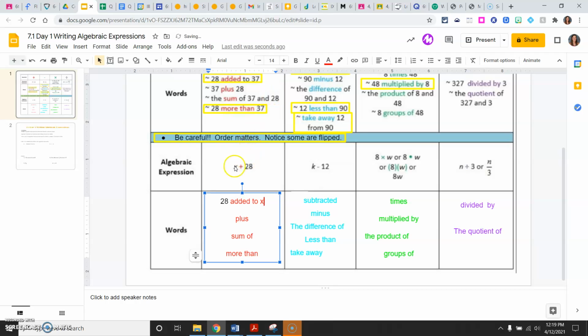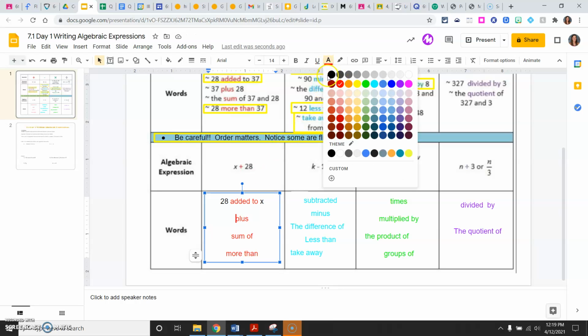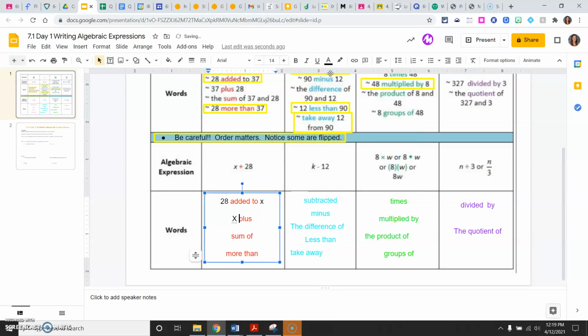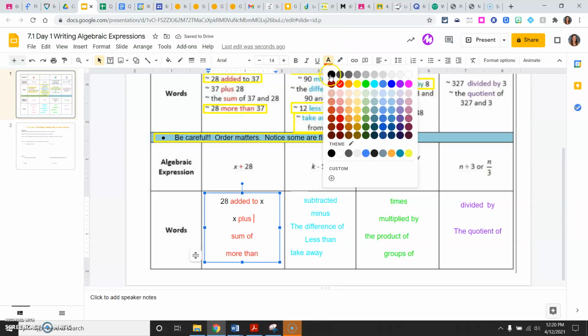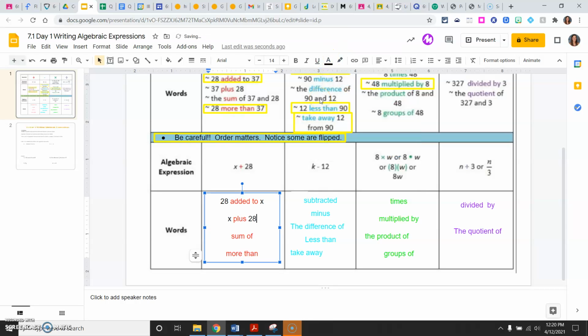So if you look, we do have our variable x, and we have 2 terms here. X and 28 are our terms, and plus is our operation. Okay. Plus, we're going to say x plus 28, the sum of x and 28.